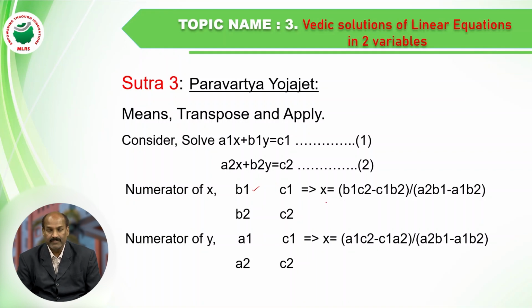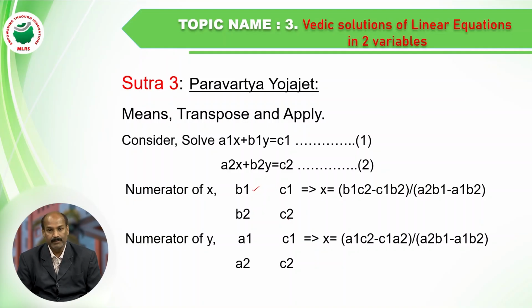Therefore x is given by the numerator b1 into c2 minus c1 into b2, divided by the denominator.